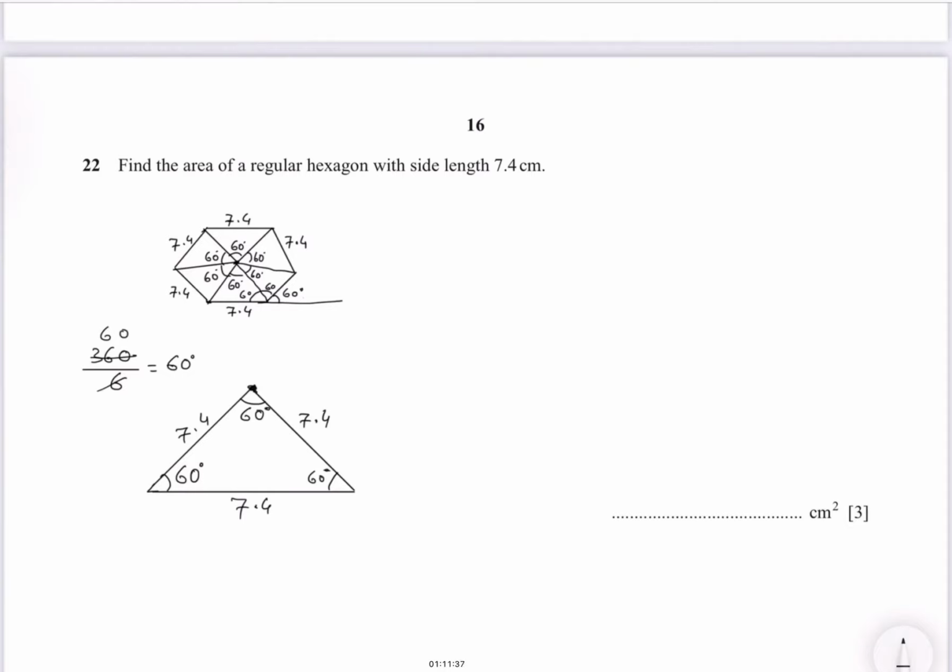Now we can find the area of this triangle, 1/2 times side times side times sine of theta, and our answer is 23.711. Multiply it by 6, because we have 6 triangles in this hexagon. So our final answer would be 142.27.